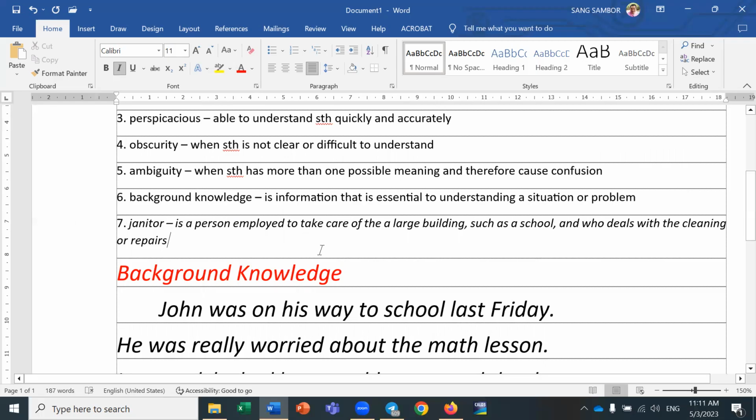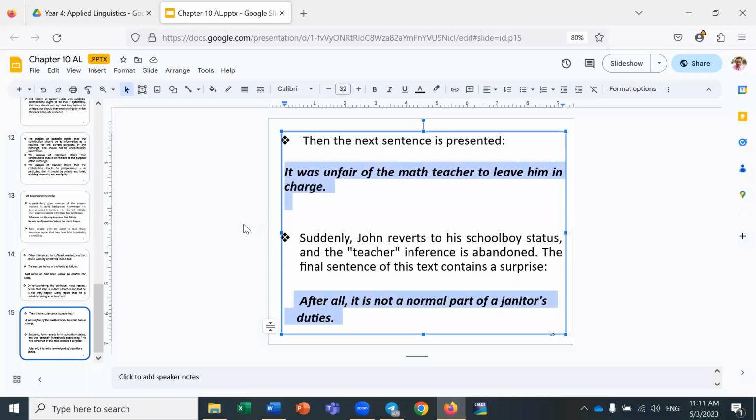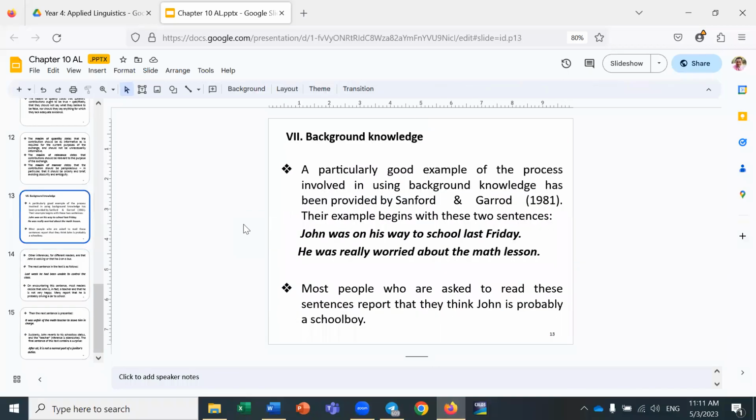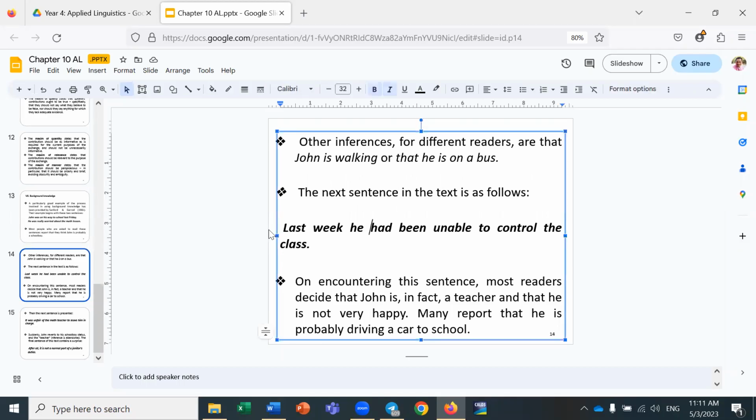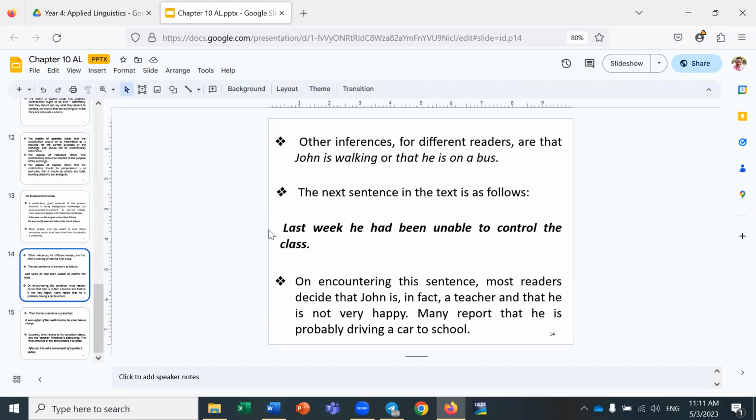You see, as I mentioned already, when you read one sentence after another here, so you read the first one, you come up with one interpretation because you just keep guessing the meaning because you do not have any background knowledge relating to John. Okay, so reading these two sentences, you say that John is a schoolboy. But when you read the next one here, he had been unable to control the class.